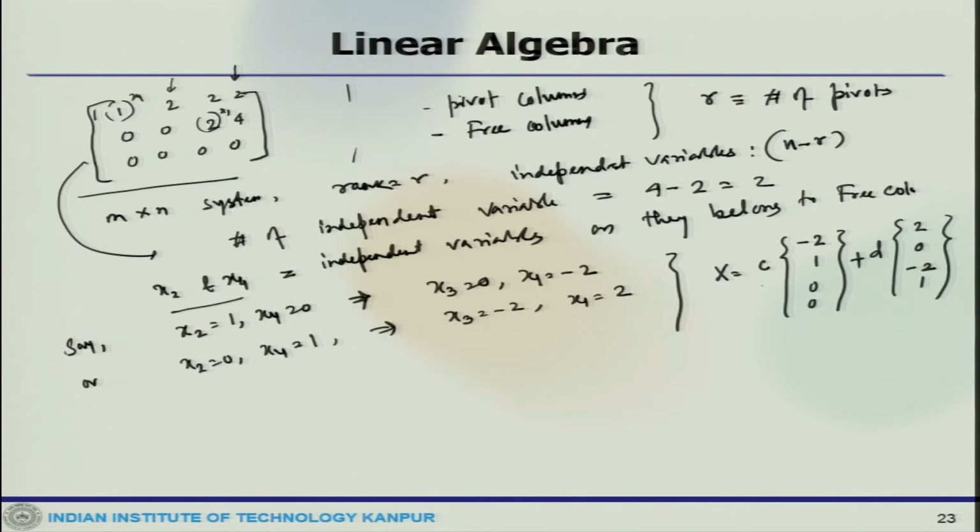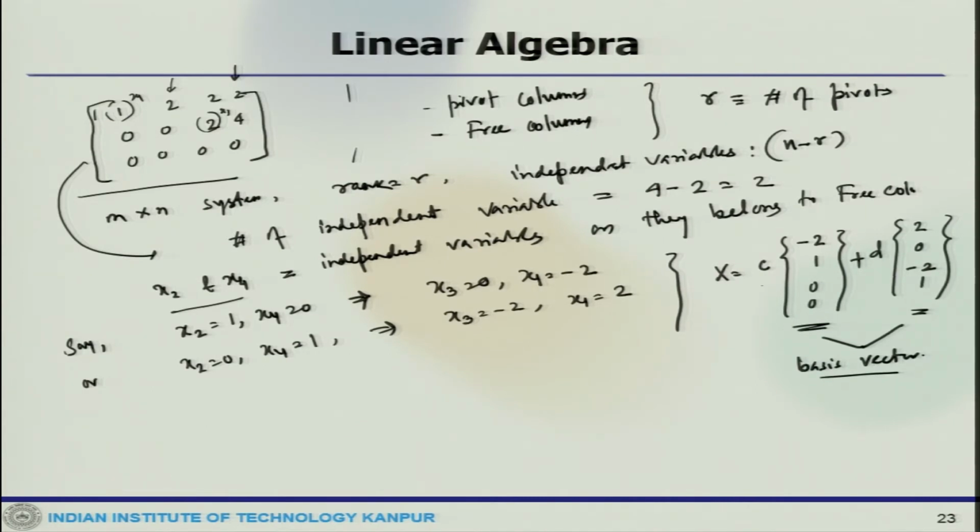Now, these two vectors which we get here are called the basis vectors. Since there are only two basis vectors, they form a two dimensional subspace, because it depends on how many basis vectors you have.